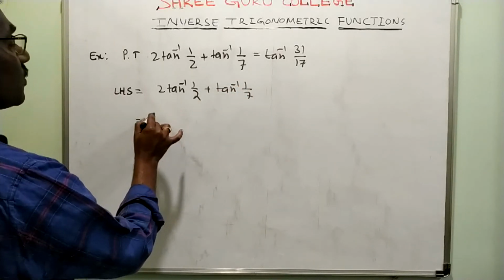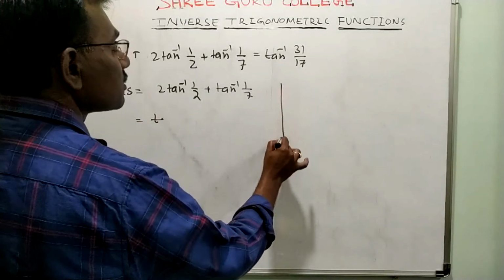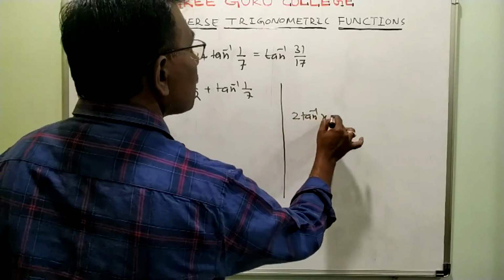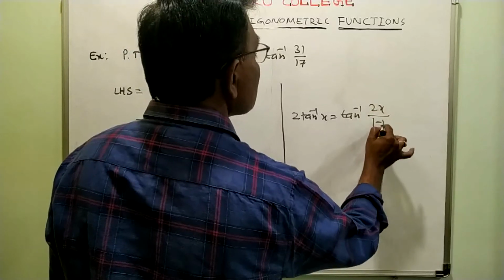So what is the formula? 2 tan inverse of x is tan inverse of 2x by 1 minus x square.